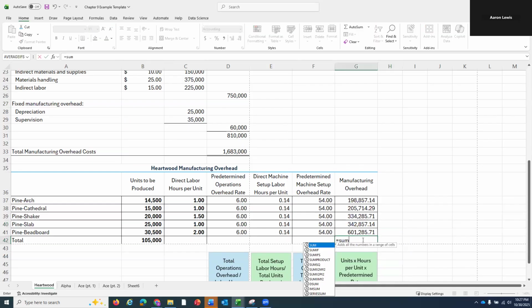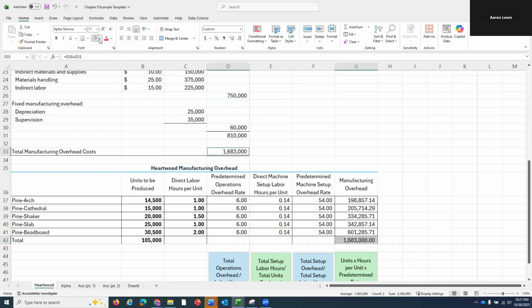And all in all, across all five of our different product models, we are going to allocate out $1,683,000, which should look awful familiar. So in this case, we are allocating out exactly what we thought we were going to incur for total overhead costs. And based upon that estimate, this is how much overhead should go into each of our different models.